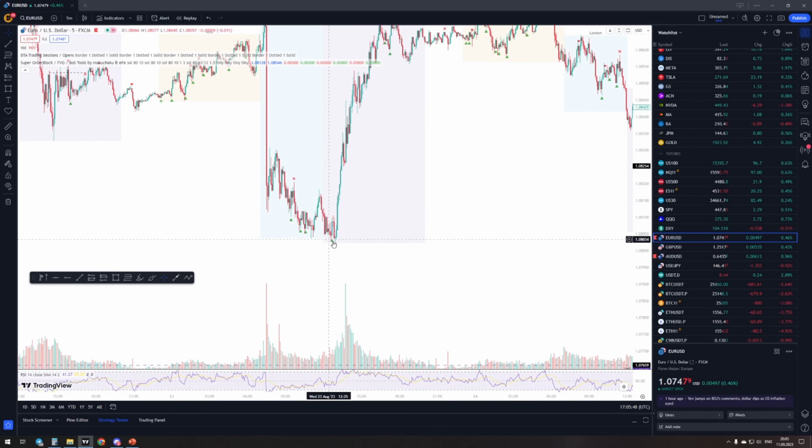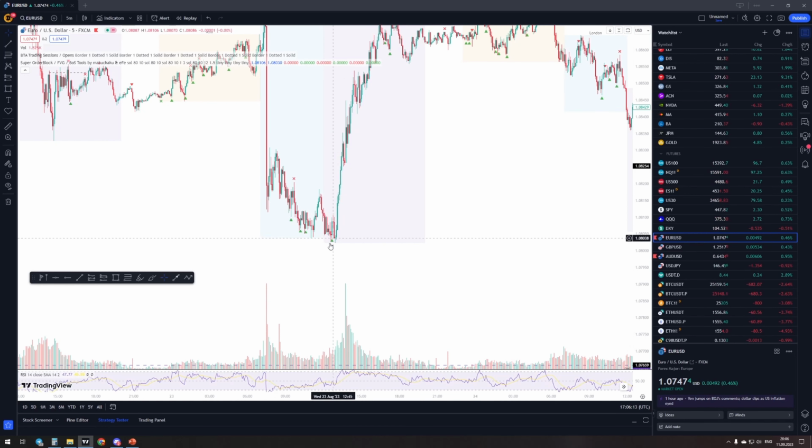Also notice on the low time frame, there will be a couple of manipulations, which is one low, then the next low, to get rid of people who've been trying to open longs here, because they see a big support zone.